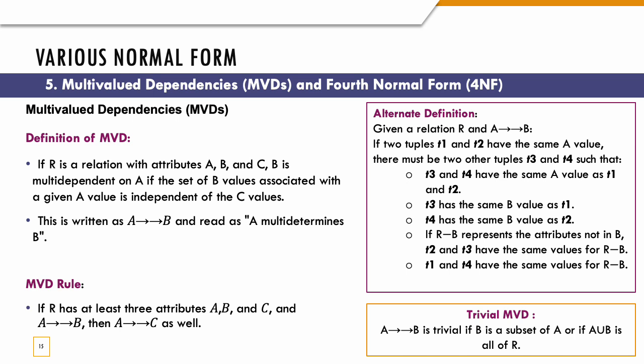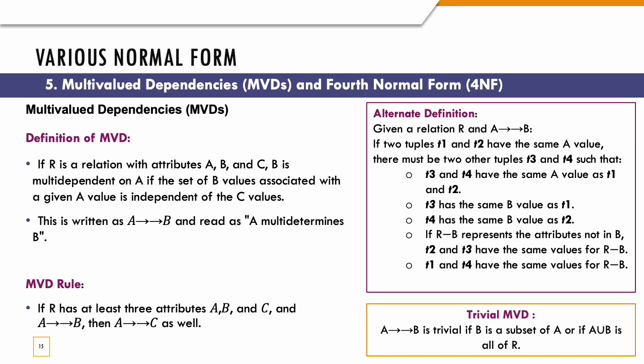Now, the next topic is MVD, the multi-value dependency, and the fourth normal form. I will explain these two separately, but they are still connected to each other. In this slide, I'll explain MVD.